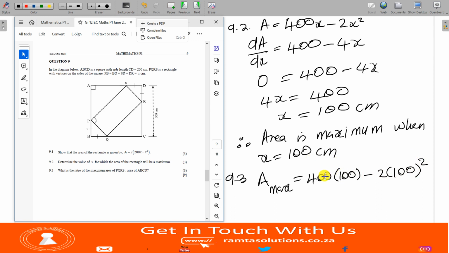By the way, remember this 400 blah blah is this equation here, right? It was this equation here. So let's see. 400 into 100 minus 2 into 100 squared. What is it? We have 20,000, right? Be careful, 20,000 centimeters squared, because it's area.